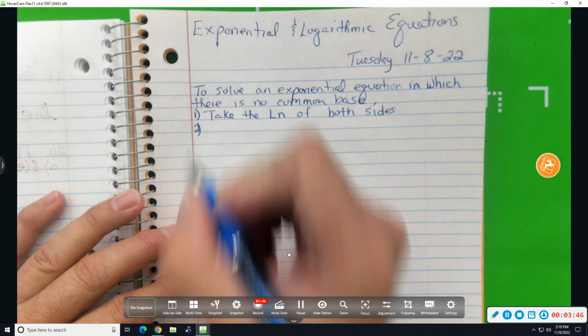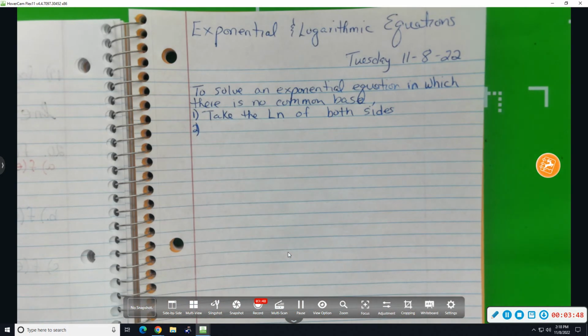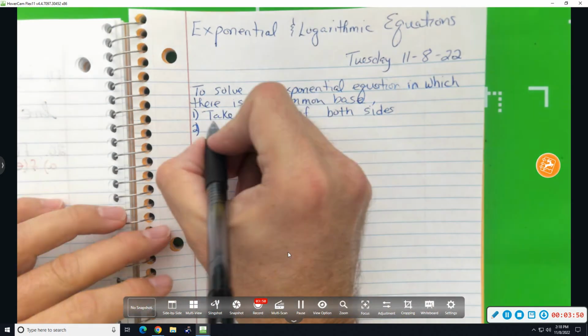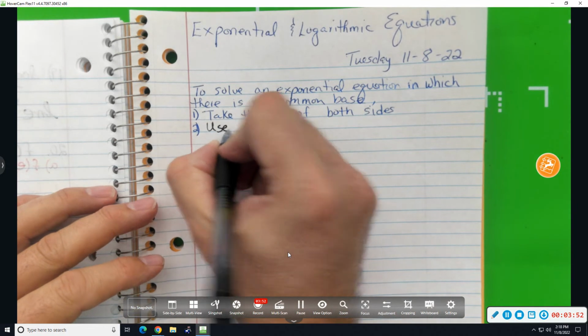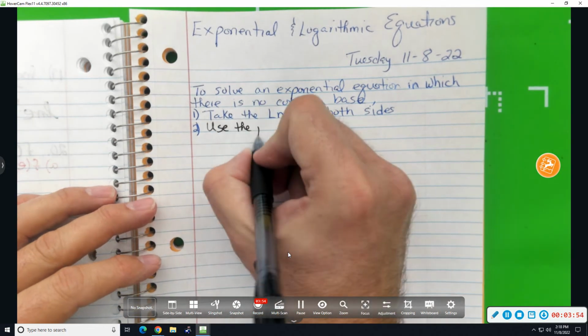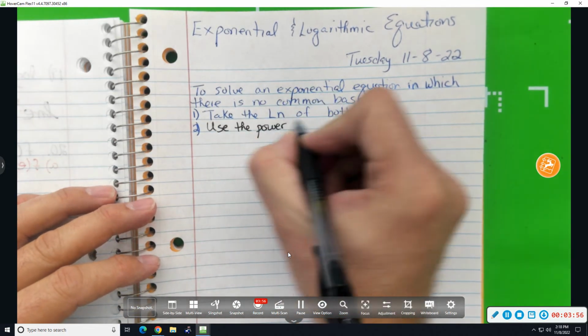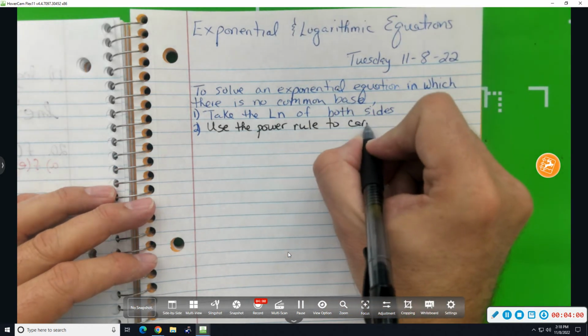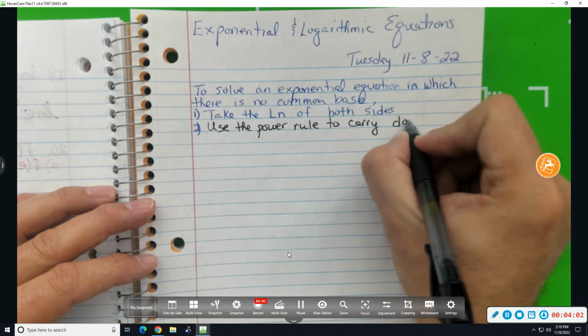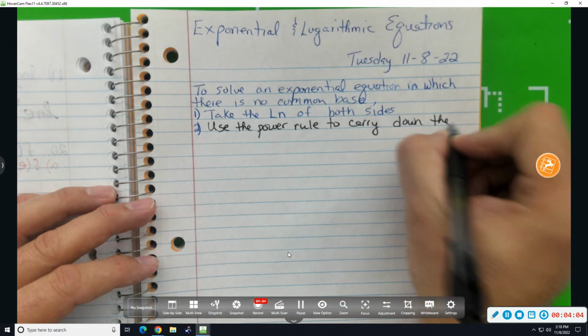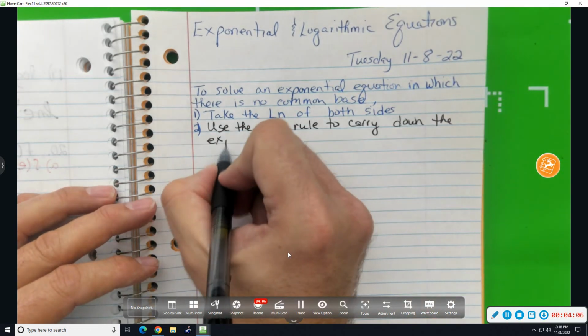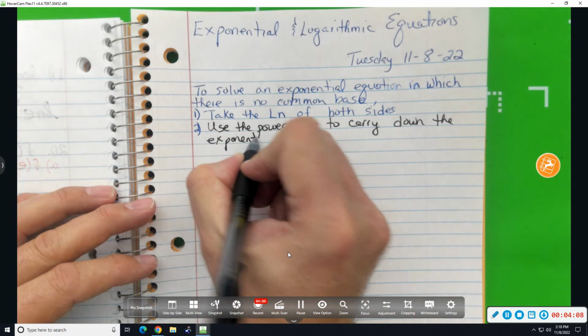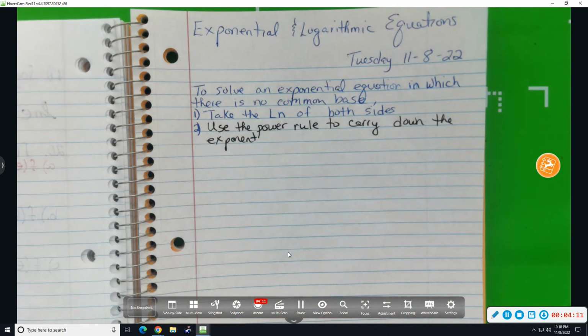Second thing, use the power rule of logarithms to carry down the exponent. So, use the power rule to carry down the exponent.